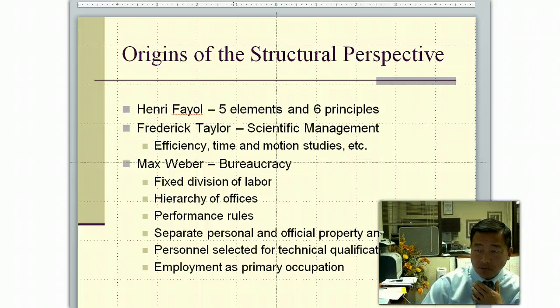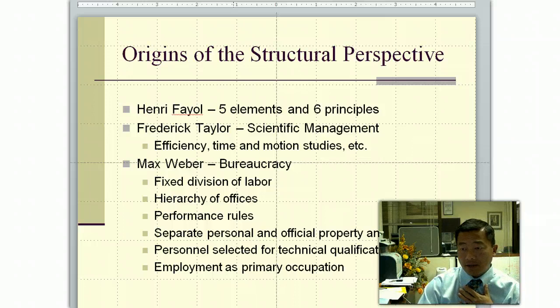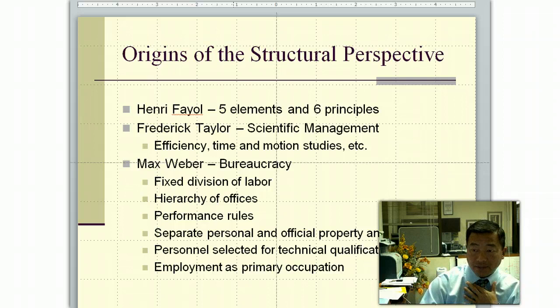So as you can see, there are some overlaps in these 3 theorists. These 3 theories in classical communicative approaches can be viewed as the structural frame defined by Bolman Deal.